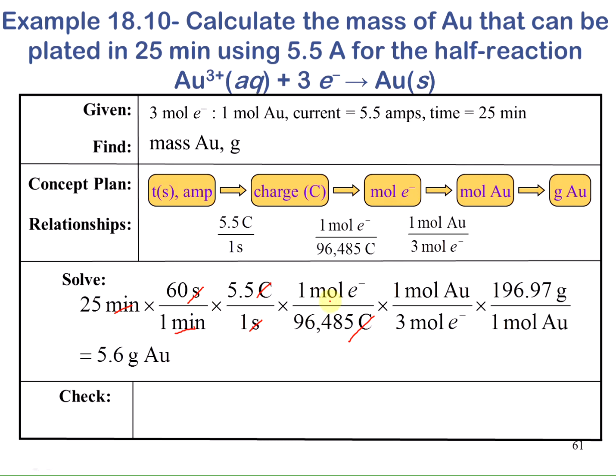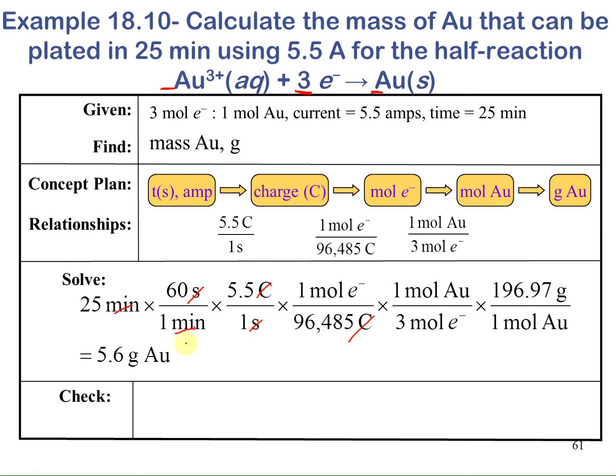Now I'm in units of moles of electrons, and from the balanced reaction, 3 moles of electrons are needed for 1 mole of gold, so it's a 1 to 3 mole ratio, or 3 moles of electrons for 1 mole of gold metal. And the molar mass of gold is 196.97 grams per mole.